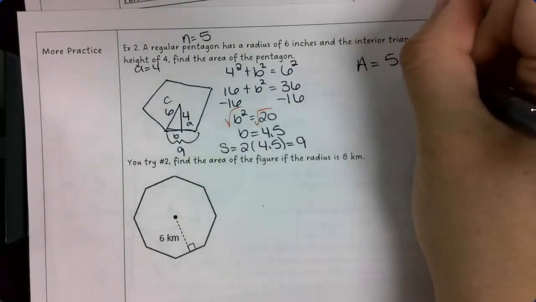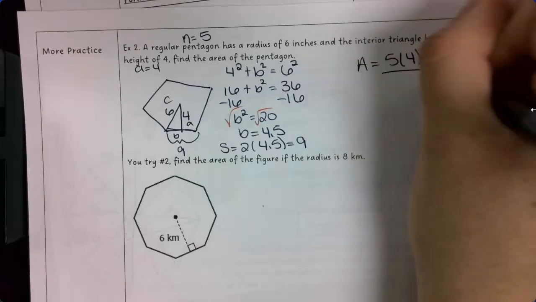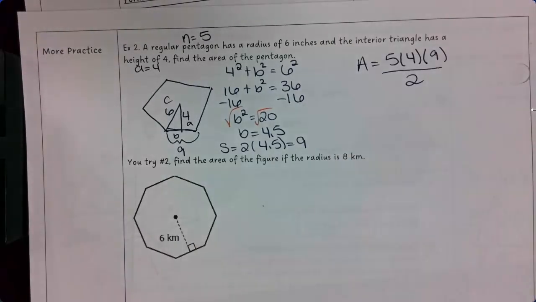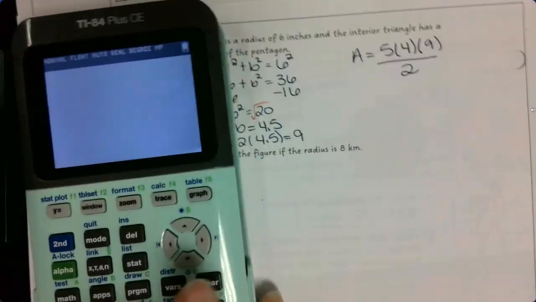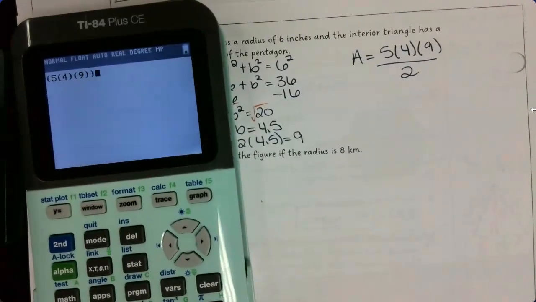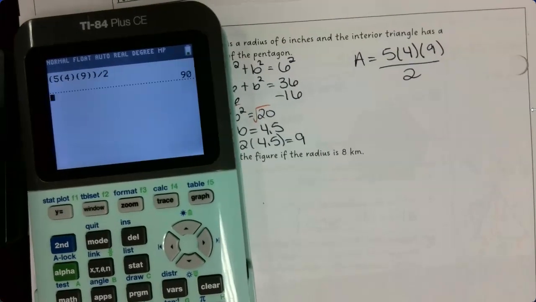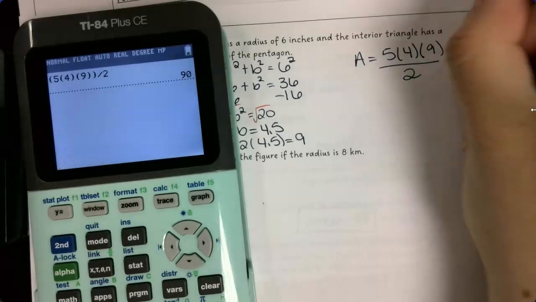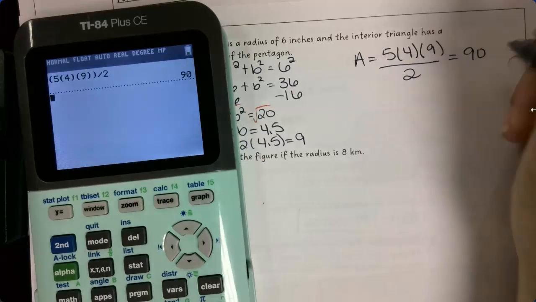My apothem was 4, and my side length is 9. And I divide by 2. Which gets us 90. And this was in inches.